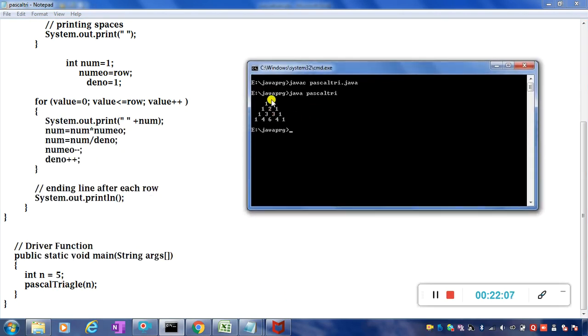Here you can see 1, the space is also taken care of. When I am printing a number, I am printing a space before it. So here you can see 4 spaces, then the next number is getting printed with a space.